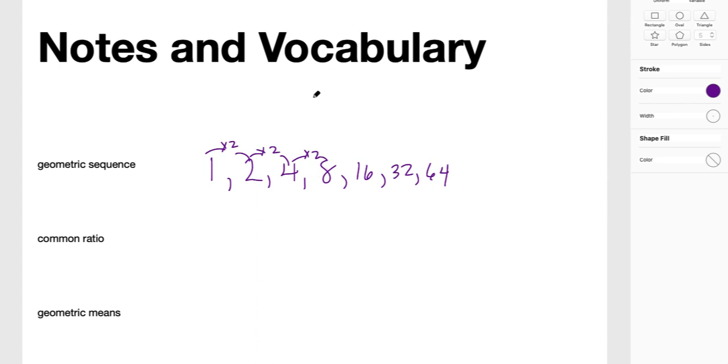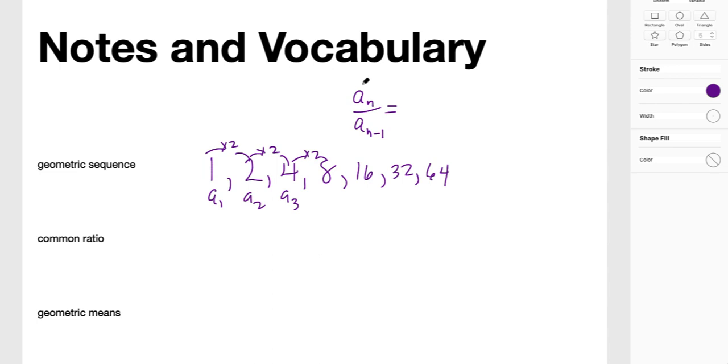Well, we know that we call these terms, right? So if I call this the first term and the second term and the third term and so on, if I take a sub n, some term, and then I get the term before it and I divide that, I'm going to get this value, right? 64 divided by 32, 32 divided by 16, 16 divided by 8.